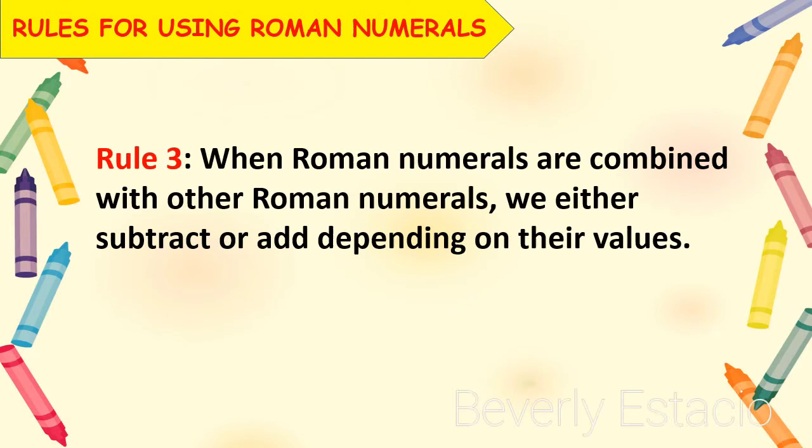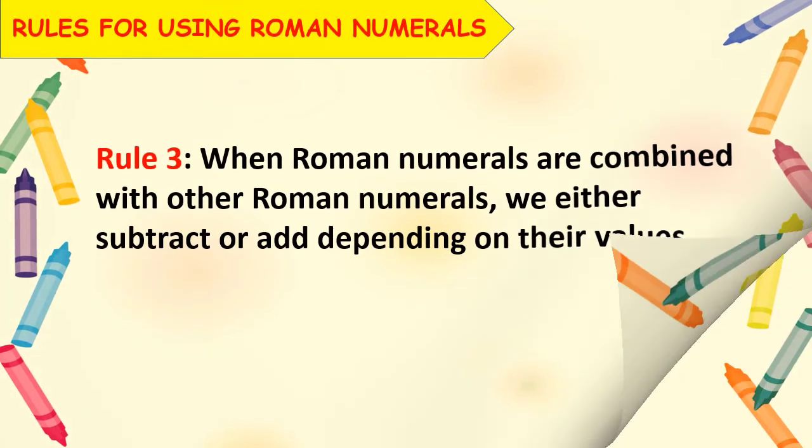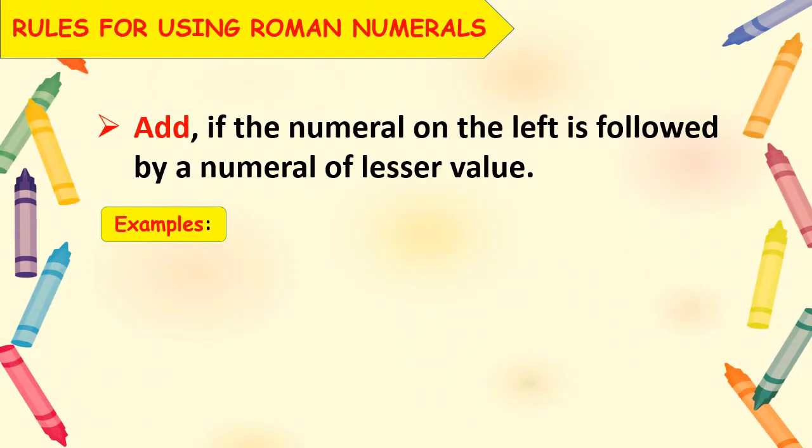Rule number 3. When Roman numerals are combined with other Roman numerals, we either subtract or add depending on their values. Add if the numeral on the left is followed by a numeral of lesser value.